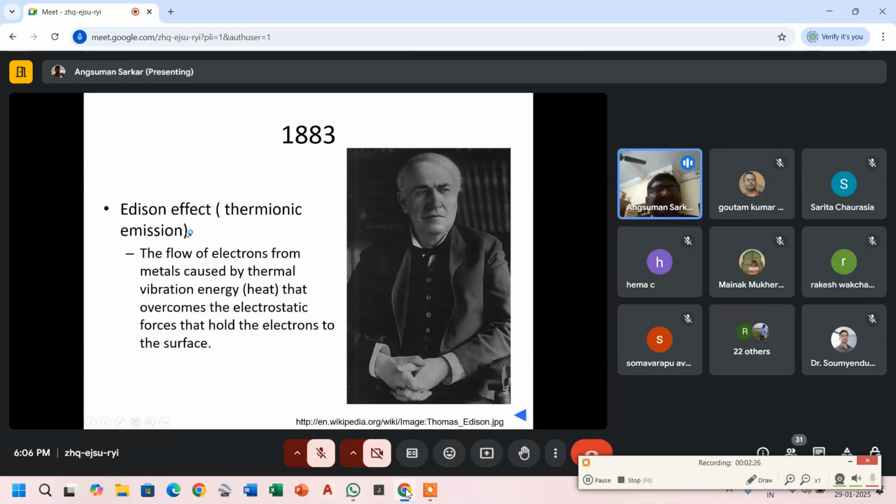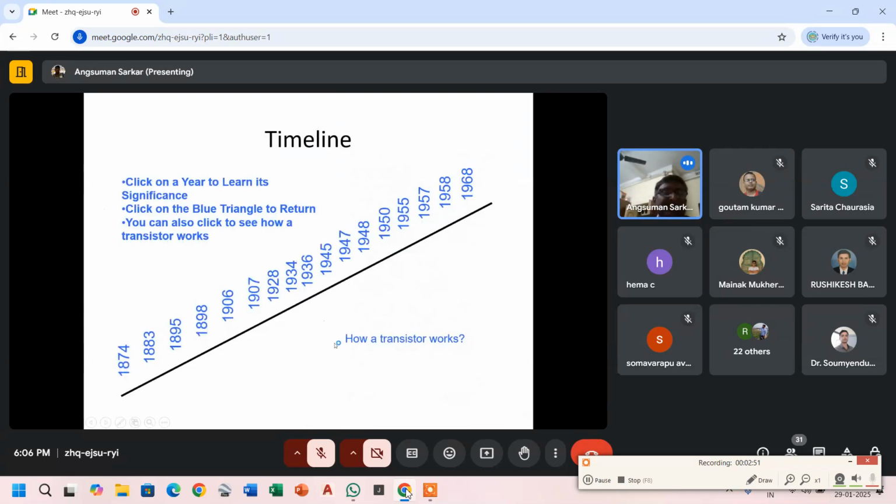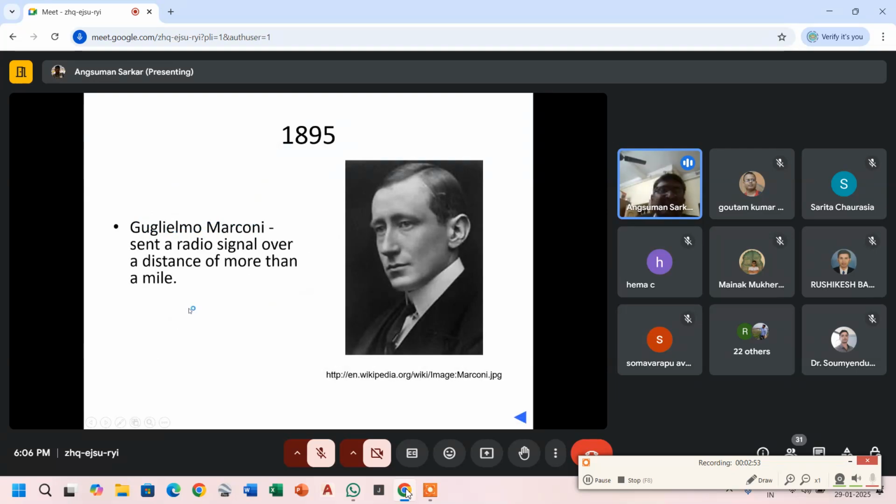Then in 1883, Thomas Alva Edison invented thermionic emission, where the flow of electrons from the metal is caused by thermal vibration energy, or heat, overcoming the electrostatic forces that hold the electrons to the surface. To overcome that force, we can apply heat. That is called thermionic emission. That is an important invention.